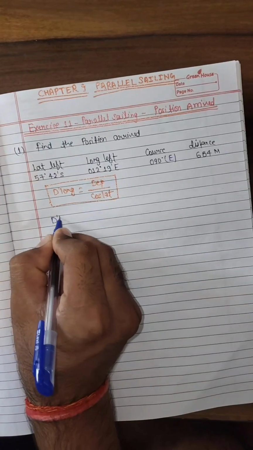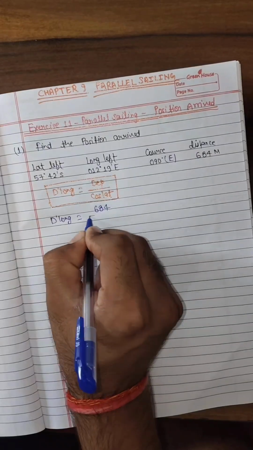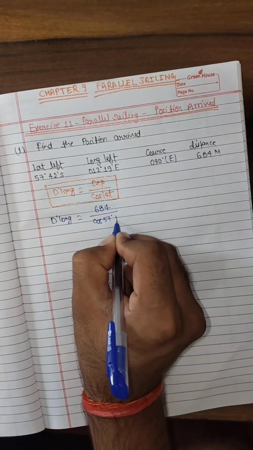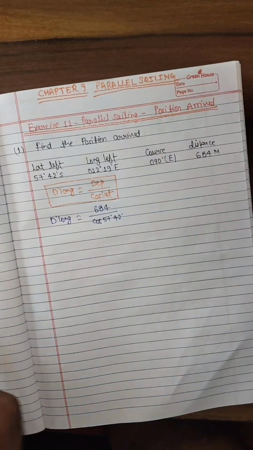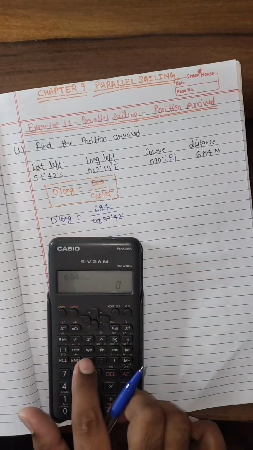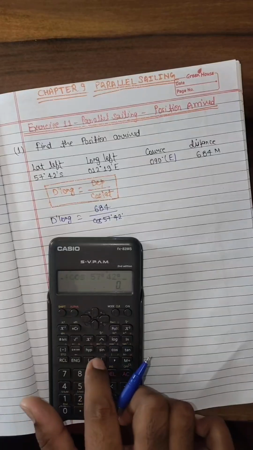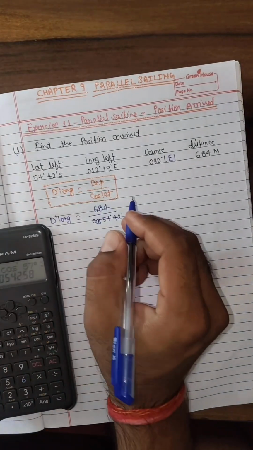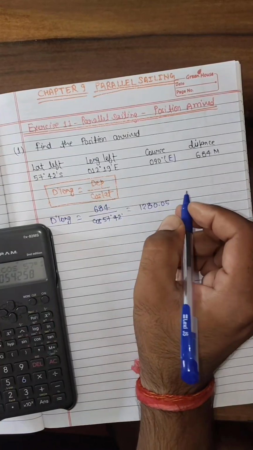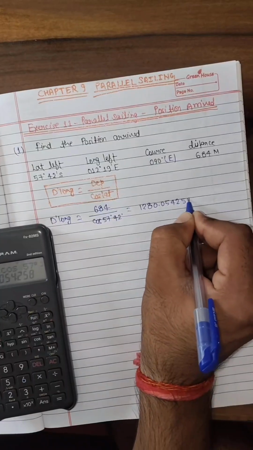So d long is equal to departure, that is our 684 miles, and cos latitude, that is our 57 degree 42 minute. Okay, we will solve it. 684 divided by cos 57 degree 42 minute, that is our 1280.054258.